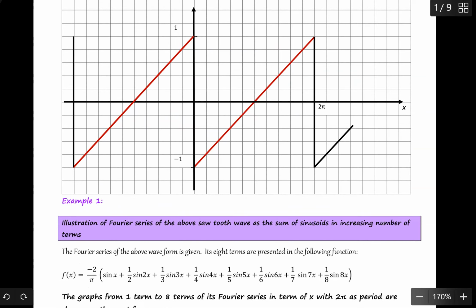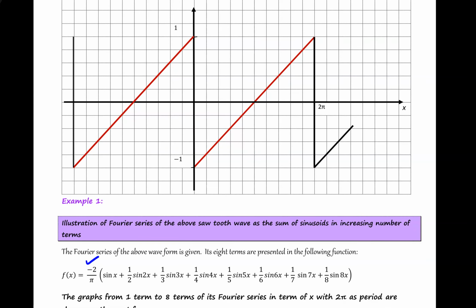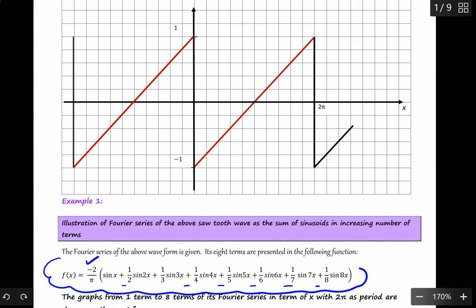Here they factor out the negative 2 over pi, so inside the bracket they have all of this value. So according to this, we are having a sawtooth wave, but this equation f(x) is an addition of all the sine waves that you have here.